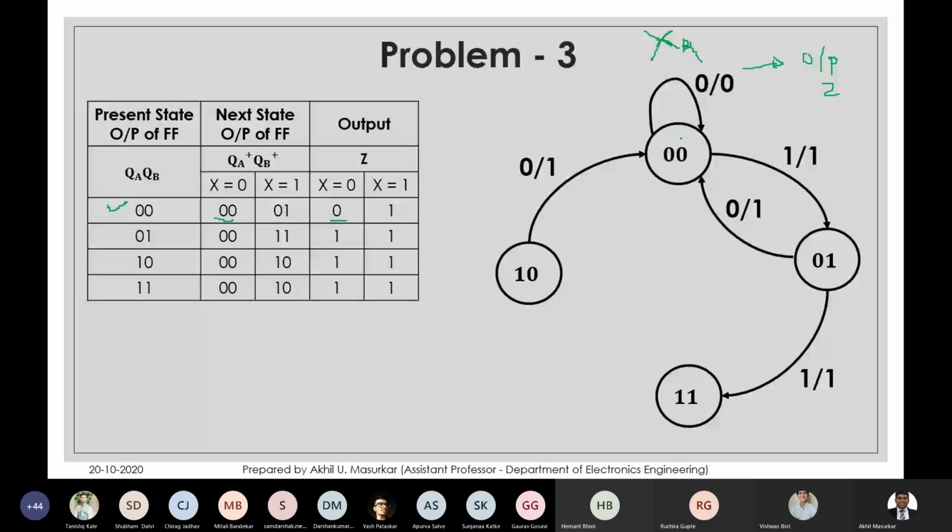Okay. And when x is equal to 1, next state will be 1, 1, and output will be 1. Present state 1, 0, when x is equal to 0, next state will be 0, 0, and output will be 1. And when x is equal to 1, next state will be 1, 0, and output will be 1. When present state is 1, 1, at x equal to 0, next state will be 0, 0, and output will be 1. And at x equal to 1, next state will be 1, 0, and output will be 1. Okay. So this is your state diagram. Good. You can mute yourself.